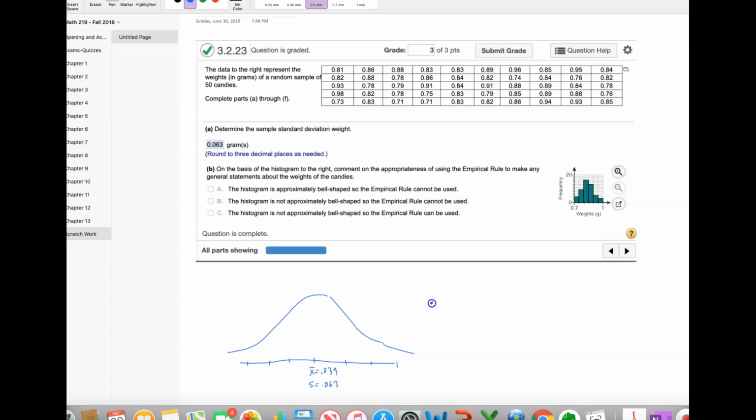One standard deviation away, you do 0.839 plus 0.063, and you get 0.902, which would be this mark here. Then two standard deviations, you go ahead and add 0.063 again.